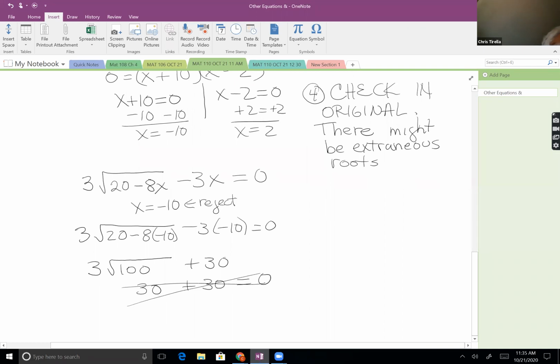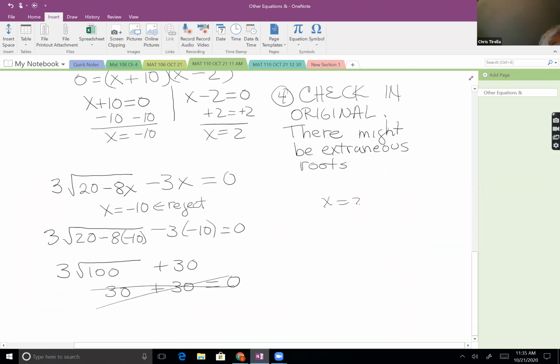So now let's keep our fingers and toes crossed and see if x equals 2 works. So that becomes 3 times the square root of 20 minus 8 times 2 minus 3 times 2. Does that equal 0? Let's see, 20 minus 8 is 4. 3 times 2 is 6. The square root of 4 is 2. So 6 minus 6, does that equal 0?